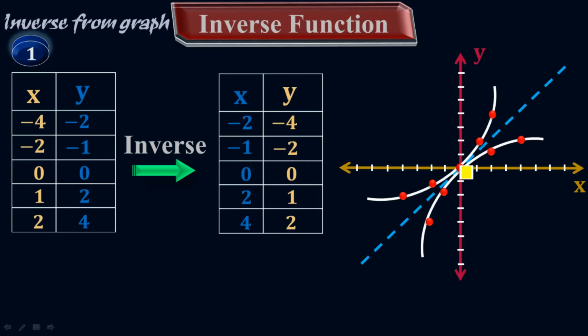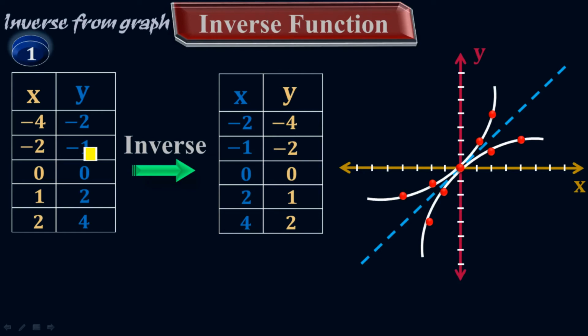Let's look at the graph. My origin is the same. I have 0, 0 here and also 0, 0 here. But what about -2? This point is at -2 along the x-axis and -1 along the y-axis for the original function.